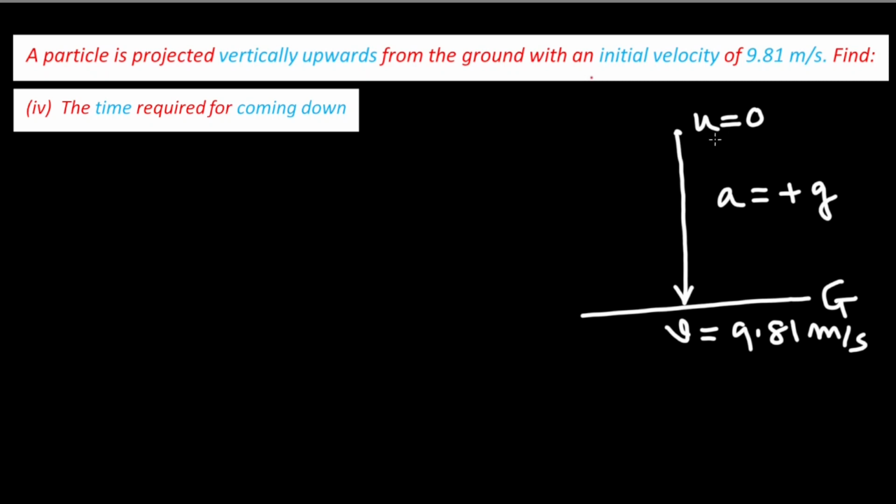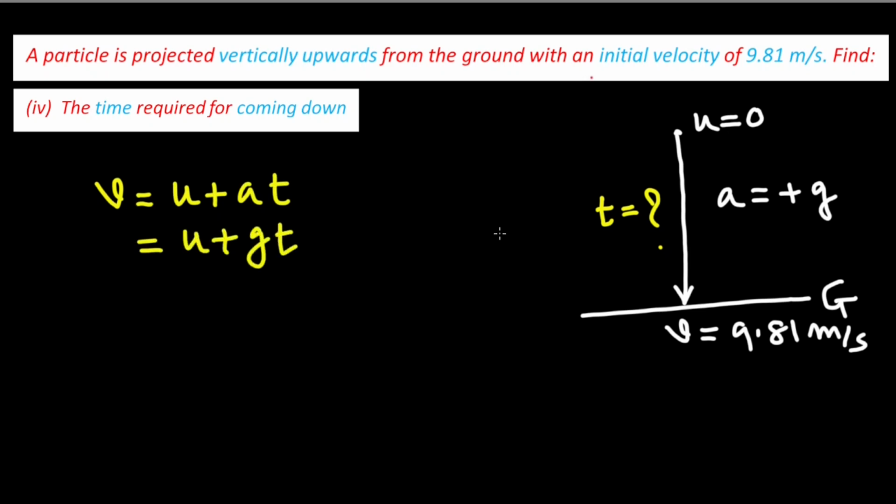So with the help of u, a and v, we have to find the time required t for coming down. So we will use the first kinematic equation, which is v is equal to u plus at, which will be u plus gt, replacing a by g.